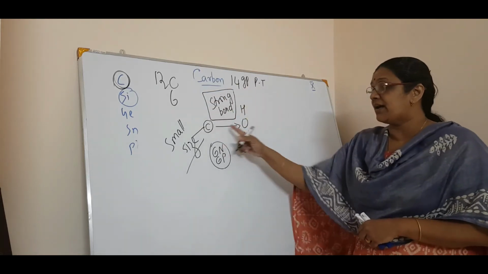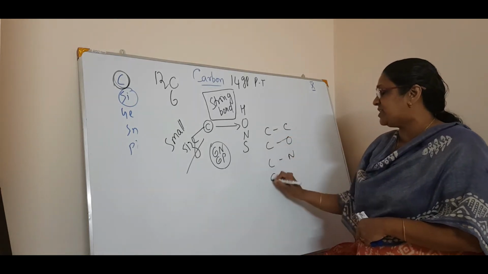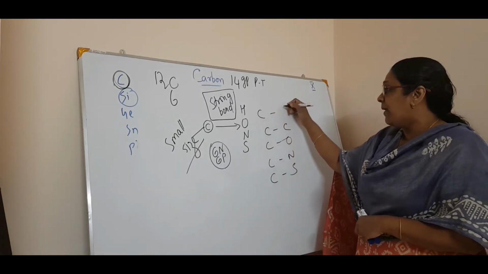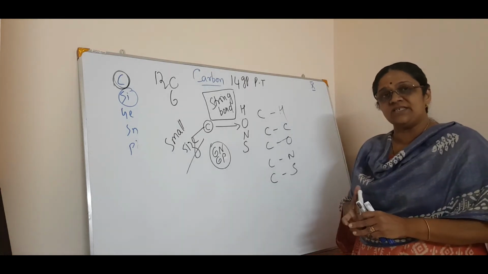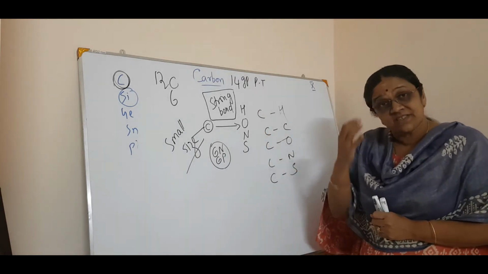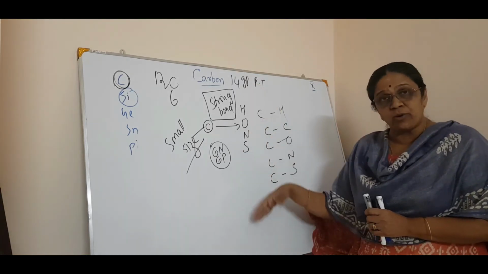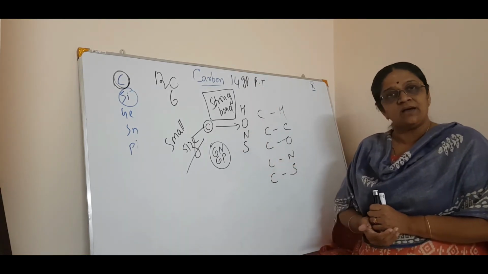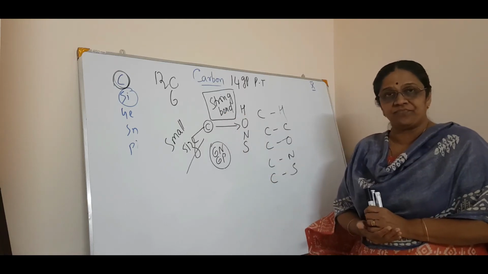Strong bond between carbon and carbon, or carbon and oxygen, nitrogen, sulfur, hydrogen, etc. Whatever element it bonds with, a strong bond forms. Exceptions are definitely there, but we are saying the general trend: due to the small size, strong bond is there.